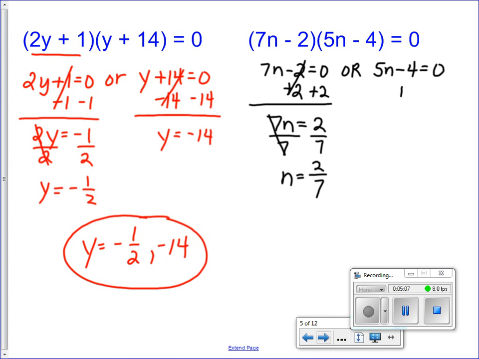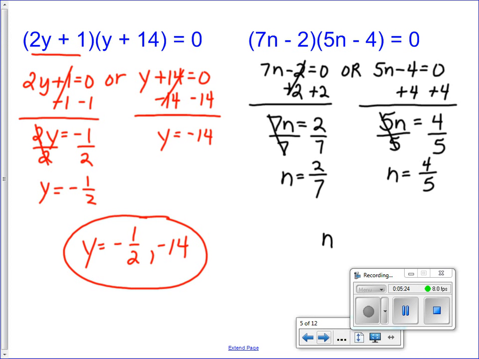On my second equation, I would add 4 to each side. That gives me 5n equals 4. Divide both sides by 5, and I get n equals 4/5. So I have two answers here, 2/7 and 4/5. And again, these would be the roots of the equation.